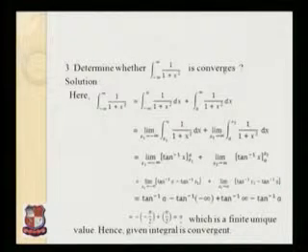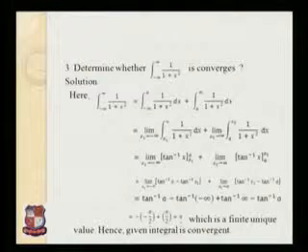Now we want to evaluate the integration of 1 upon 1 plus x square, that is tan inverse of x. Next, applying the upper limit and lower limit to tan inverse of x, we have limit s1 tends to minus infinity, tan inverse of a minus tan inverse of s1, plus limit s2 tends to infinity, tan inverse of s2 minus tan inverse of a.